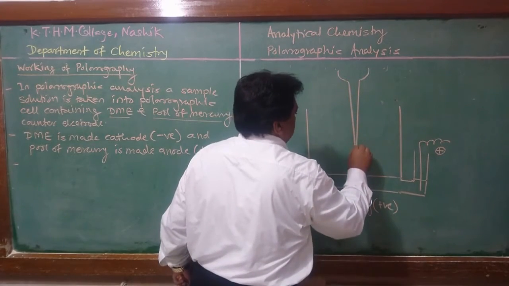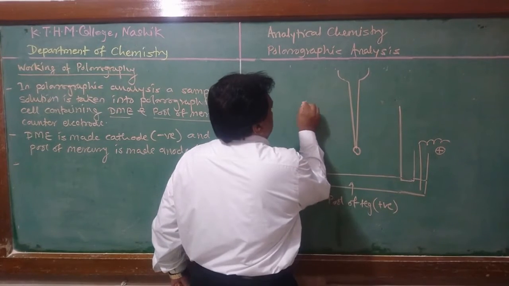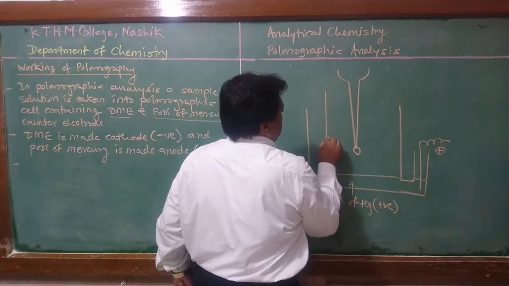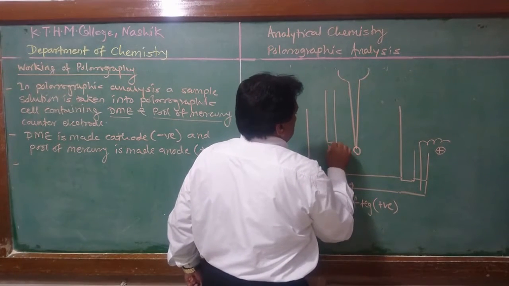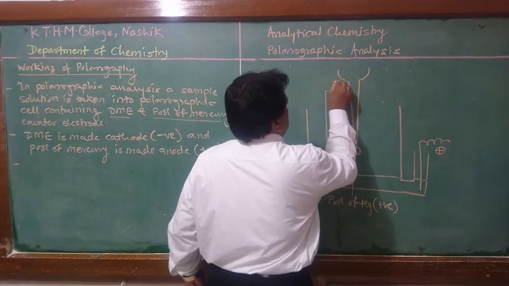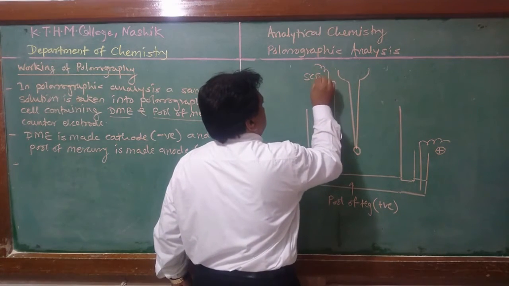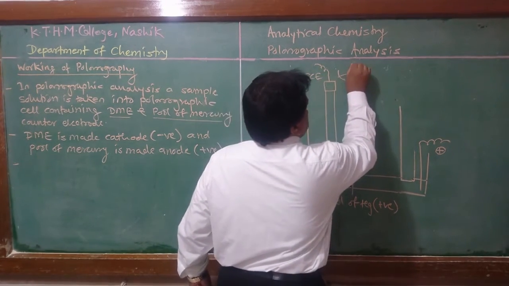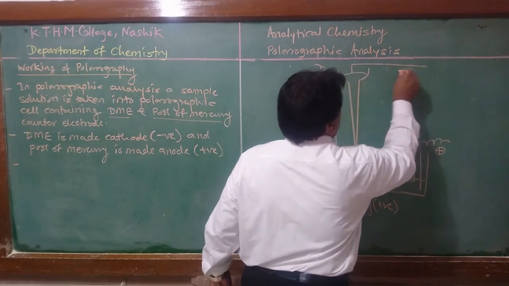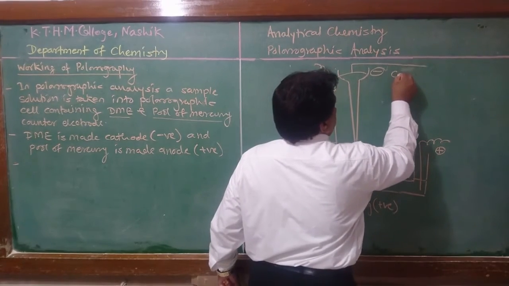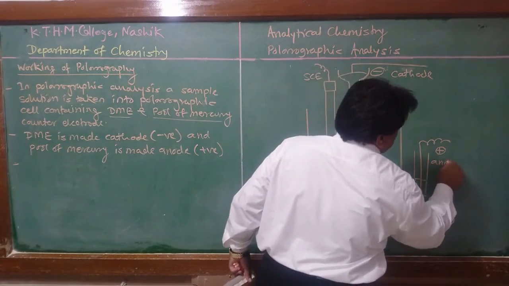We can simplify these in this fashion. There is again a reference electrode, if it is required to control the potential of this dropping mercury electrode, and this is a saturated cadmium electrode. This DME is attached to the negative terminal and therefore acts as a cathode. This is the anode.